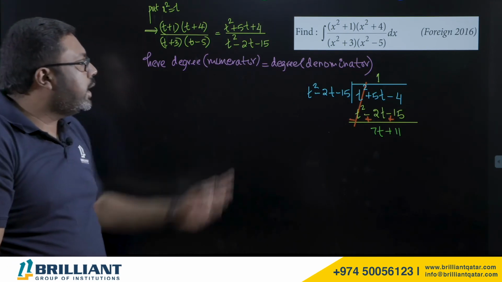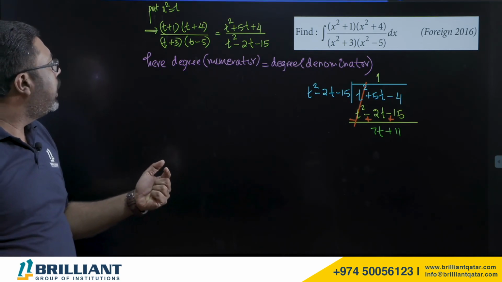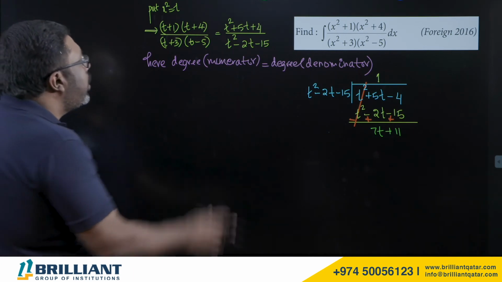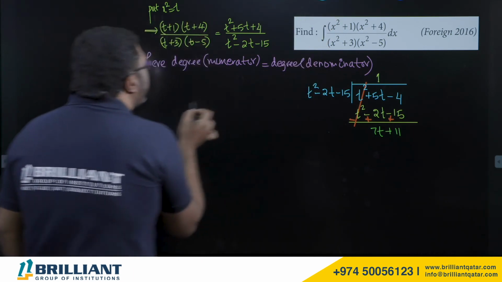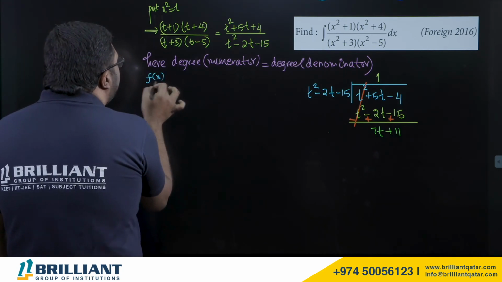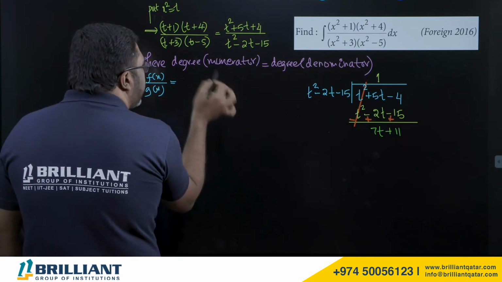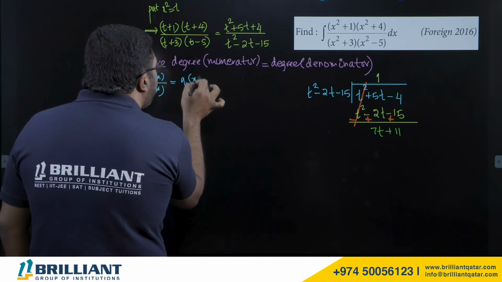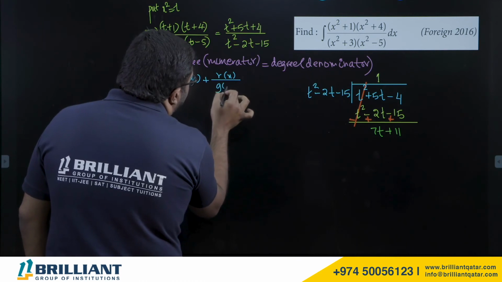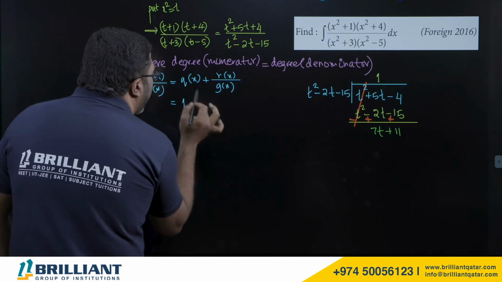T squared cancels. 5t plus 2t is 7t. So what is the form that I told you? F of x divided by g of x can be written as quotient plus remainder divided by g of x. This is what you need. Quotient is 1.